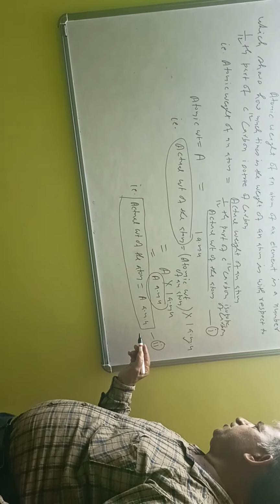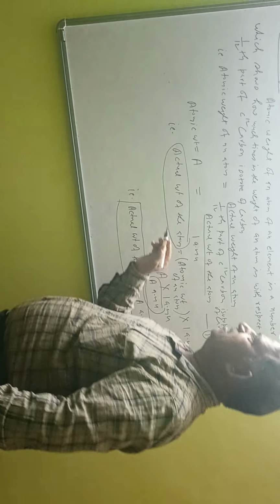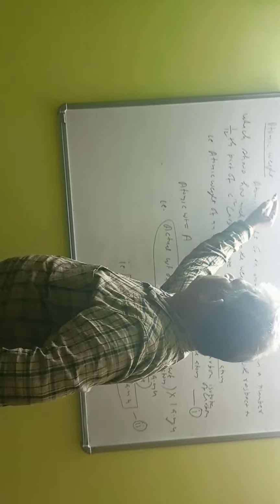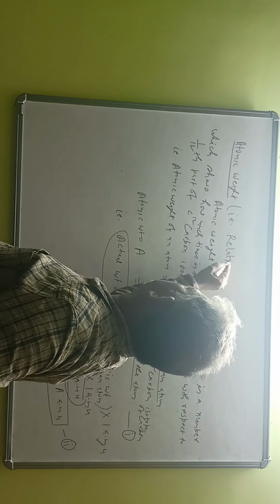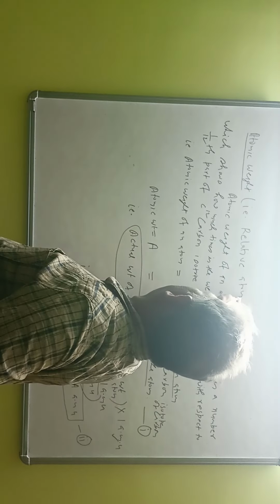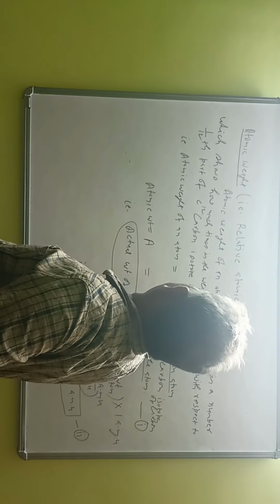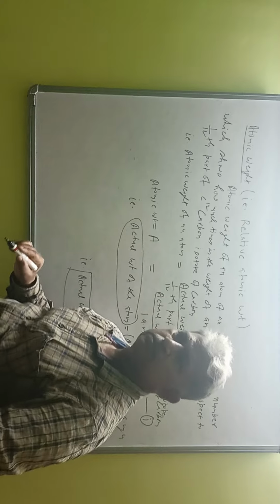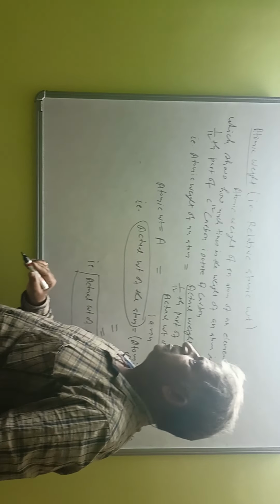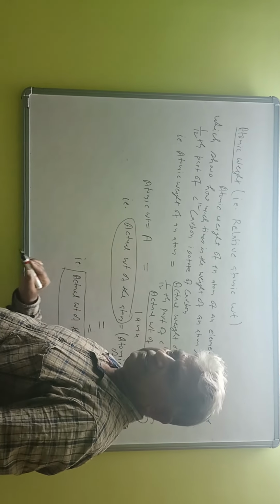And second is the definition of atomic weight, which has another name, relative atomic weight. A relative atomic weight doesn't have any unit. Must remember, atomic weight doesn't have any unit.